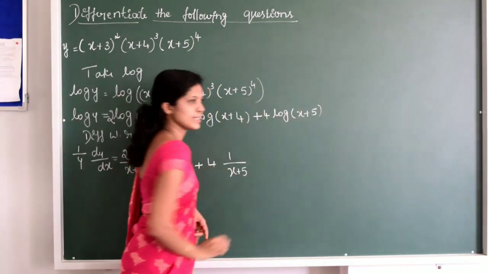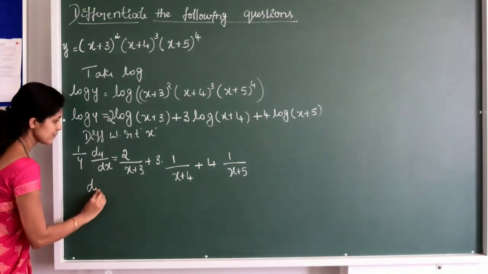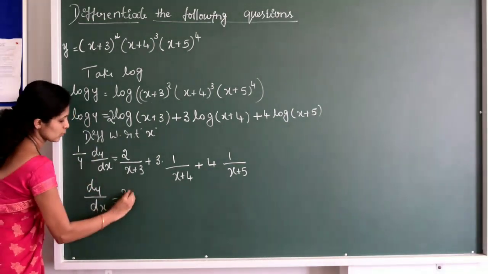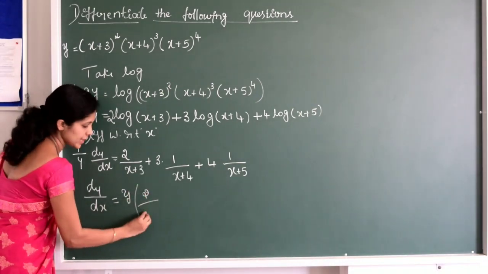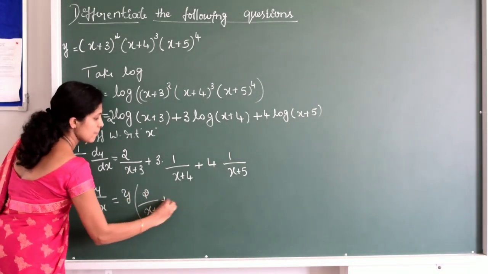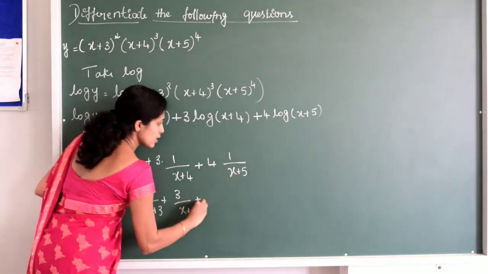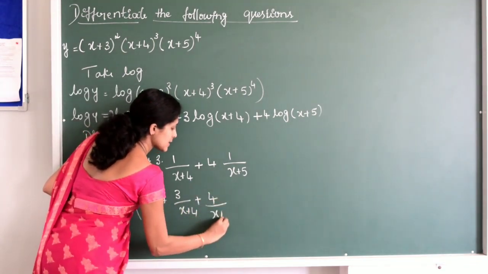So by this we can write dy by dx is equal to y into (2 divided by x plus 3 plus 3 divided by x plus 4 plus 4 divided by x plus 5).